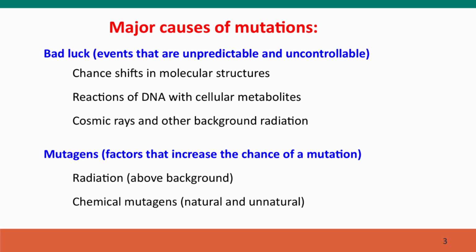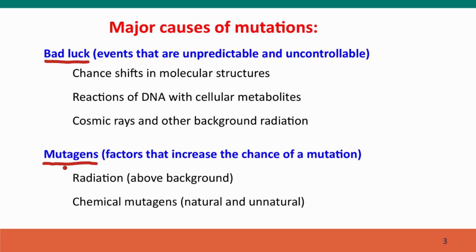Now, we can divide the causes of mutation in various ways, but one way is to think of them as either bad luck or mutagens. So factors that we consider bad luck would be events that are both unpredictable and uncontrollable. Things like random shifts in the structures of the molecules. For instance, many of the mistakes that DNA polymerase makes occur because the bases shift their chemical conformation unpredictably.